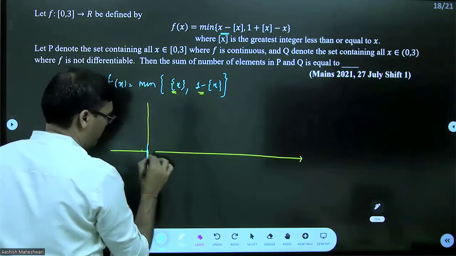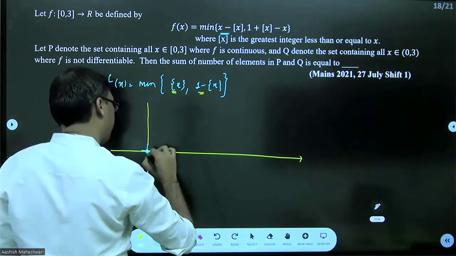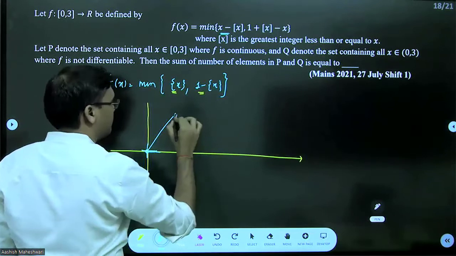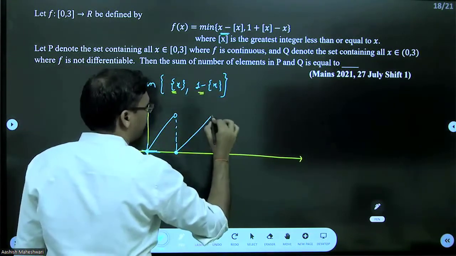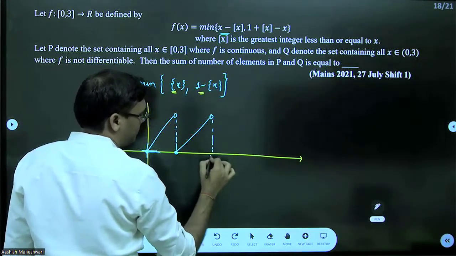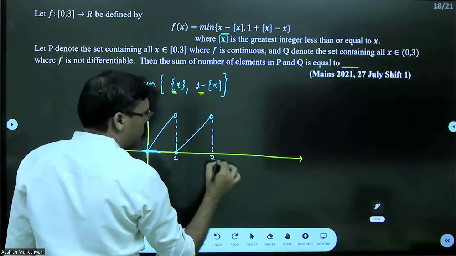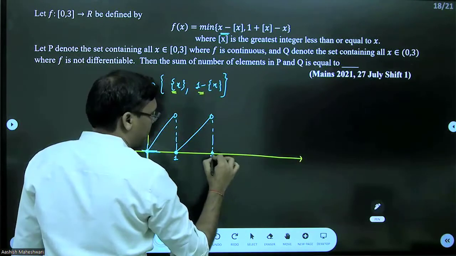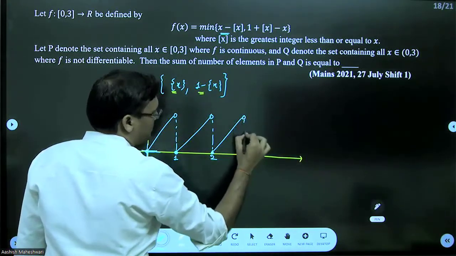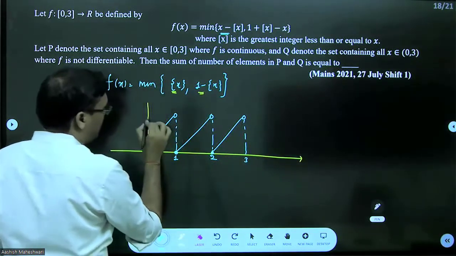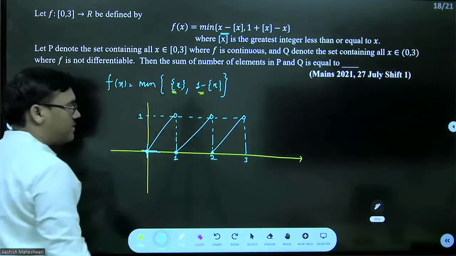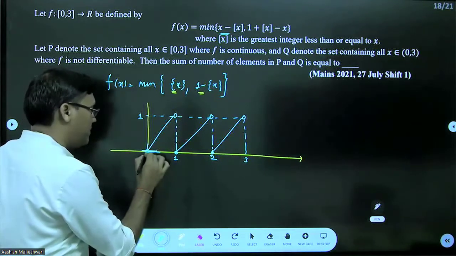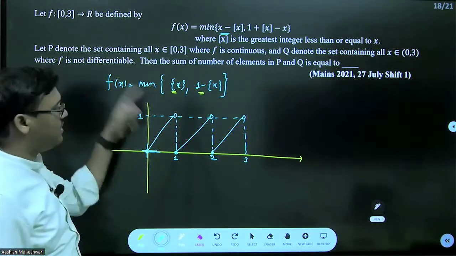I'm just trying to draw the graph of fractional x between 0 and 3. This is 1, this is 2, and this is 3, and this is 1. This is the graph of fractional x between 0 and 3, closed.